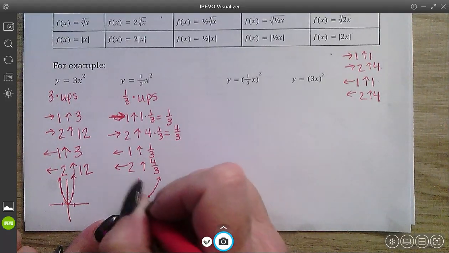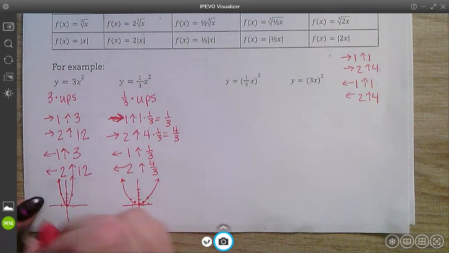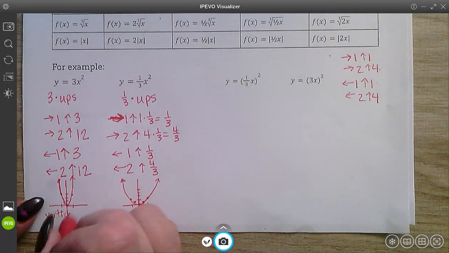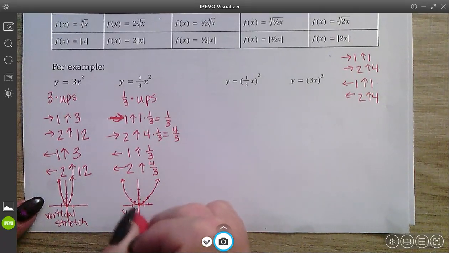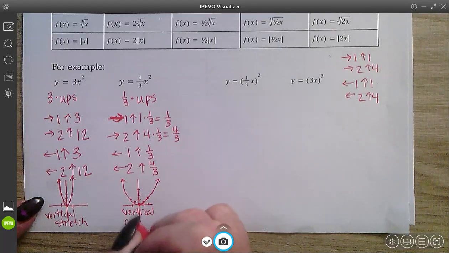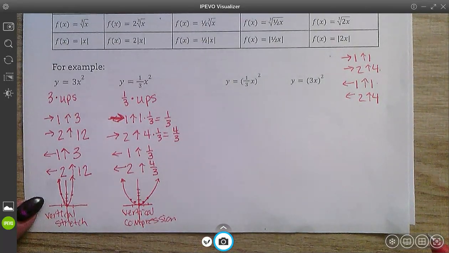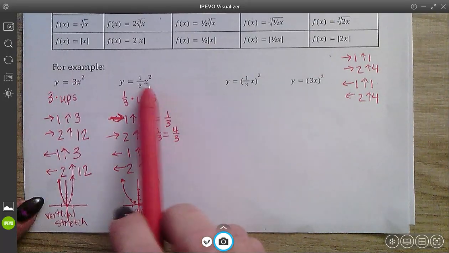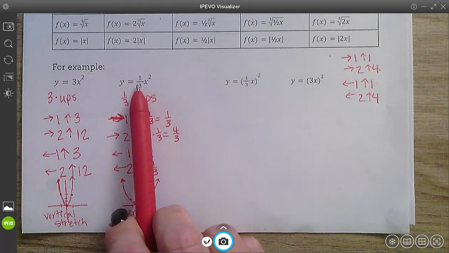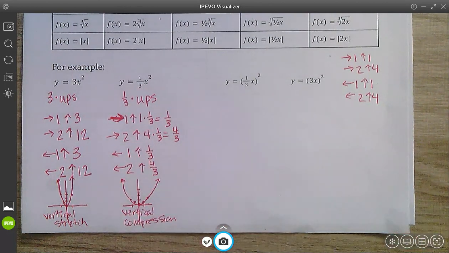So we call this kind a vertical stretch and this kind a vertical compression. So a vertical stretch is going to be when this number out in front is bigger than 1. A vertical compression is going to be when that number is between 0 and 1. So it makes everything shorter.